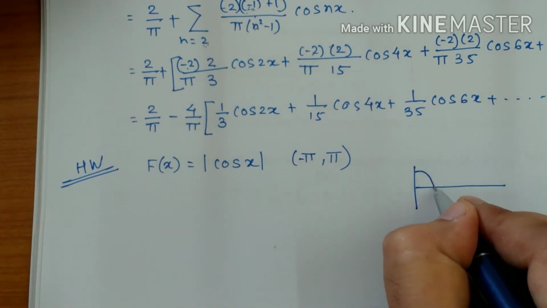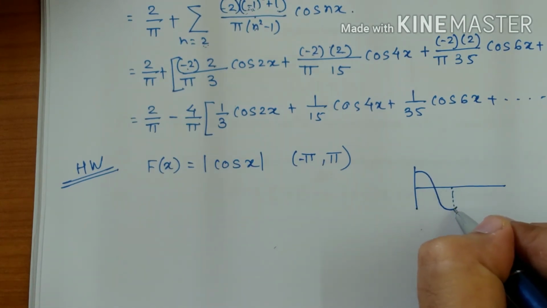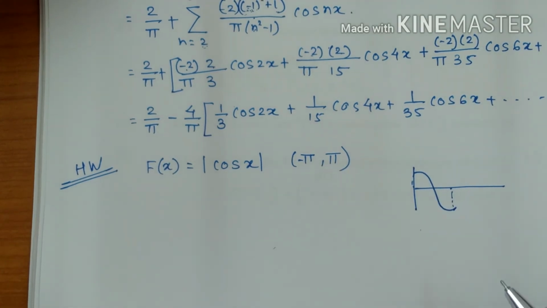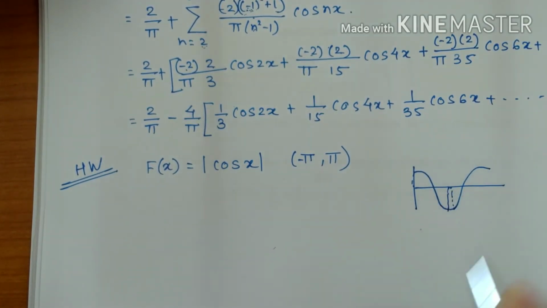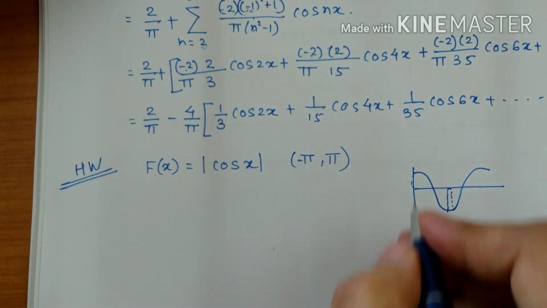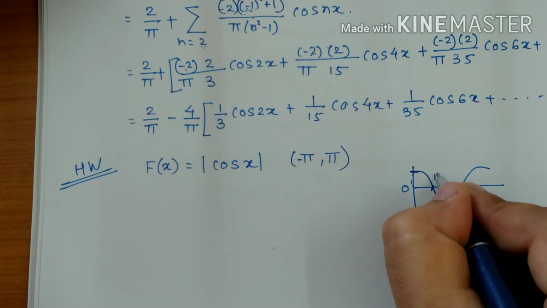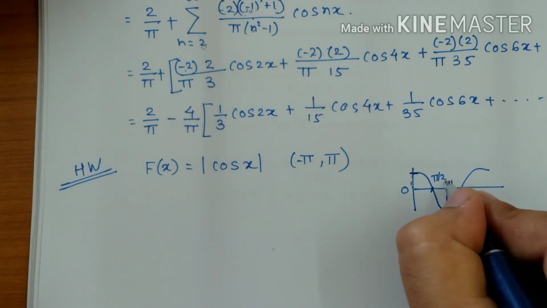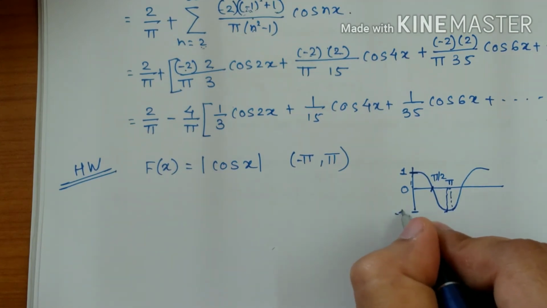And second, while taking the integration, think of your cos function like this. So for this is 0, this is pi by 2, and here you have pi. For 0 it is plus 1, for pi it is minus 1.